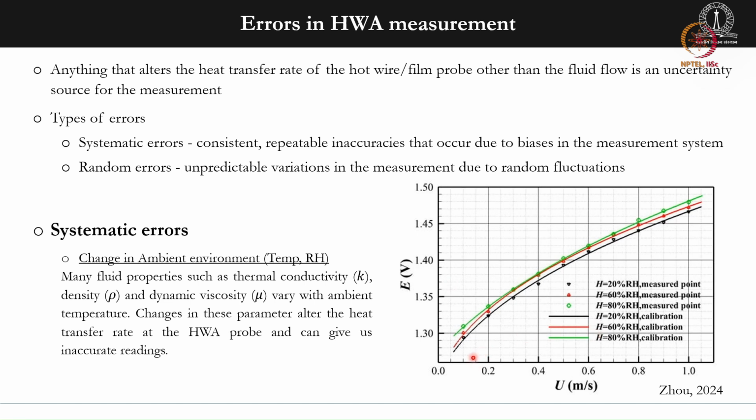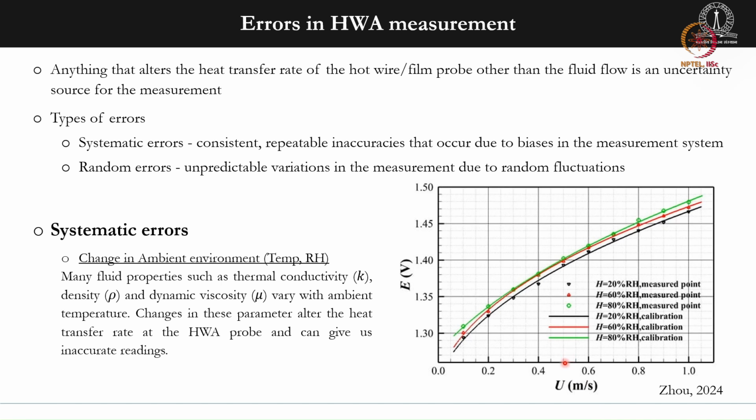Say we have a hot wire anemometer probe that is calibrated for 20% relative humidity. That corresponds to the black curve that we see over here. And now we are operating in an environment that has 80% relative humidity. And say the flow field has a true velocity of around 0.5 meter per second.